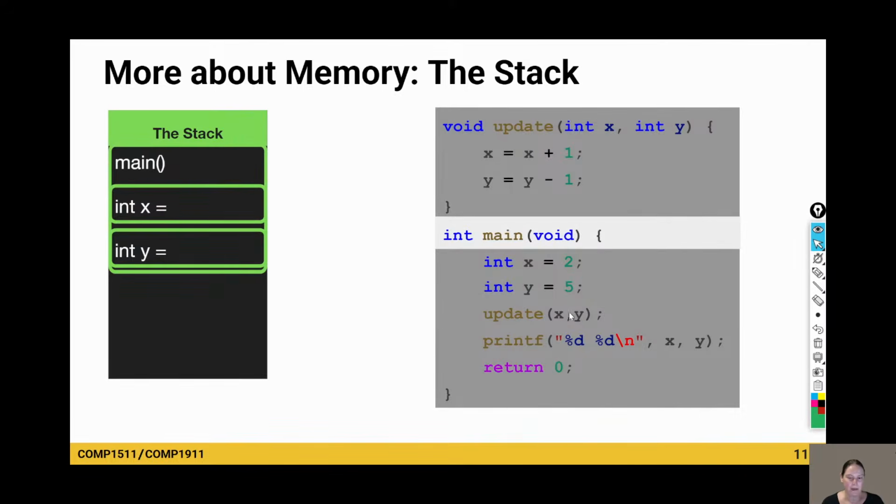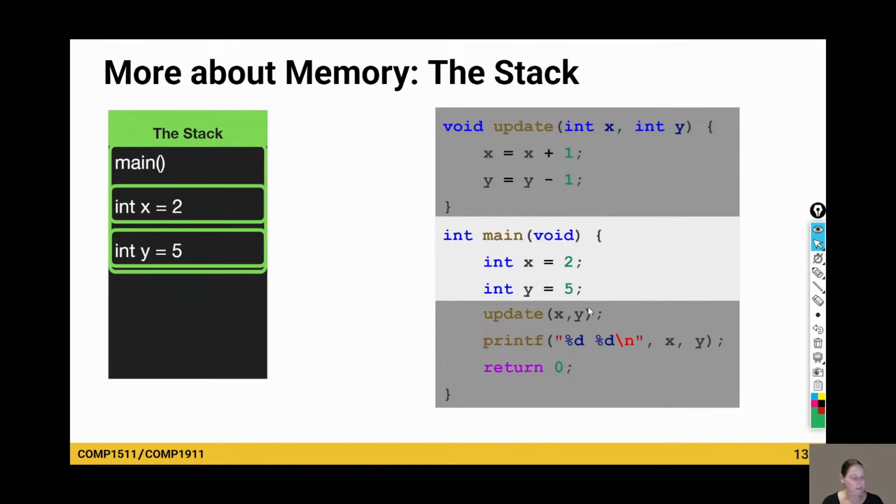Imagine we've got our main function, and again, I'm sorry, I've put the functions on top of the main, which is bad style in my slides. Anyway, the main will be the first function that you're running in your program, and so that'll have a location on the stack for its local variables, and in this case we've got x and y, and we're setting their values to 2 and 5.